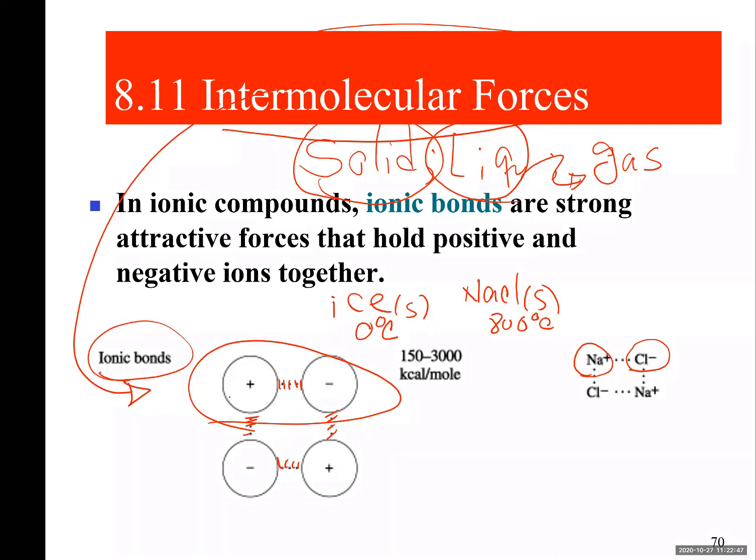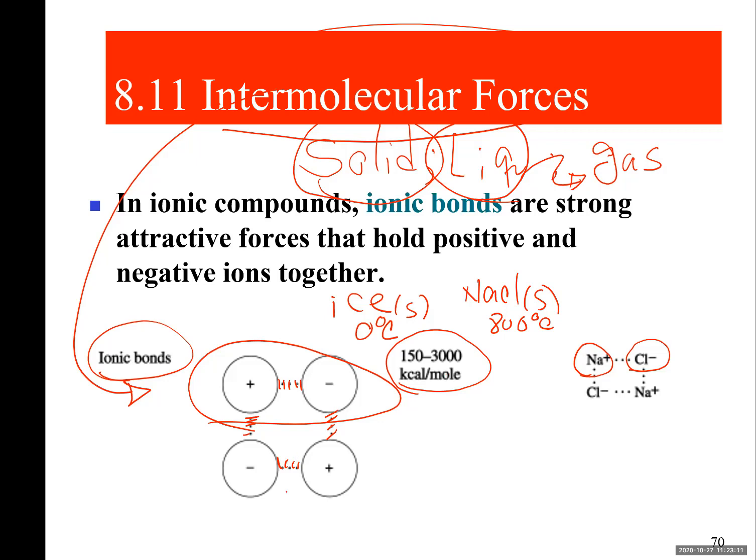What is the strength of this force in case of ionic compound? This could be between 150 to 3,000 kilocalorie per mole. So if you want to melt sodium chloride, what should we do?